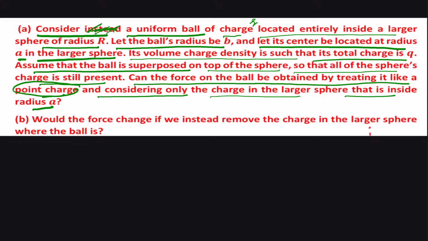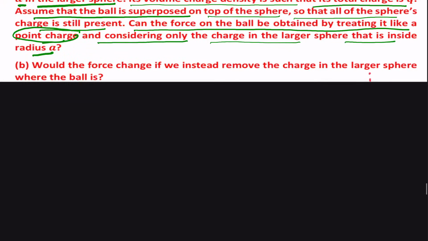Here the hint is given in the question, but it means that we have to find out what will be the force on the ball. That's the basic question. And part B: would the force change if we instead remove the charge in the larger sphere where the ball is? So part B is simply removing the part of a sphere.